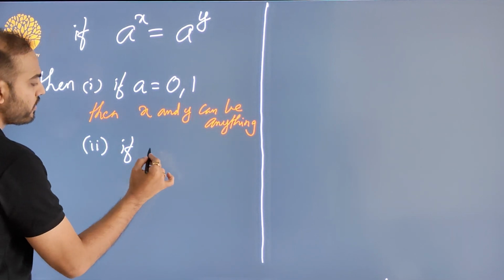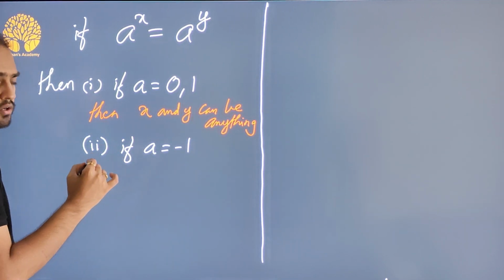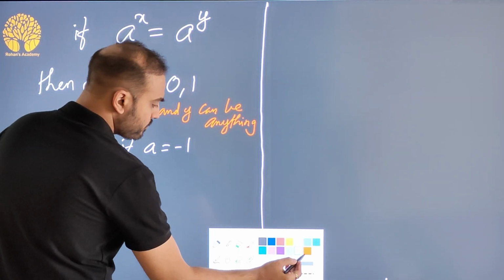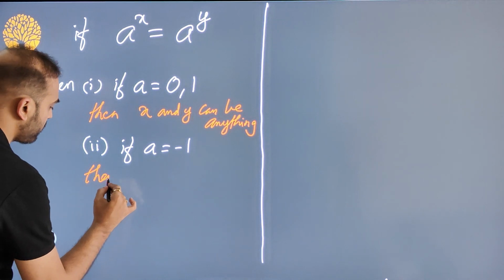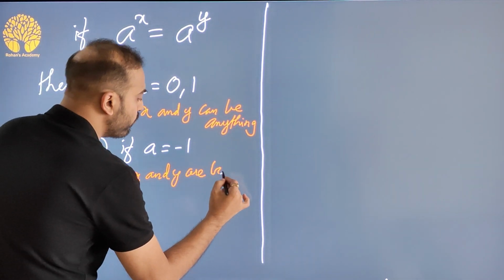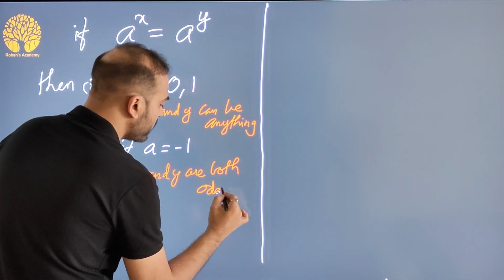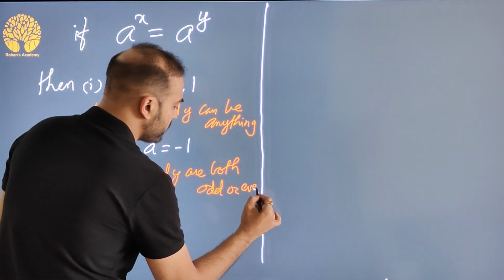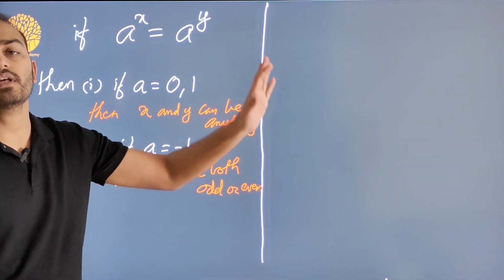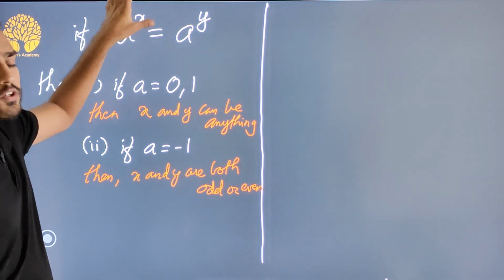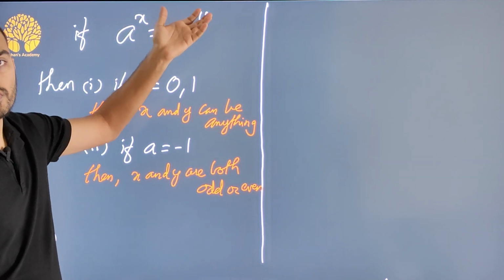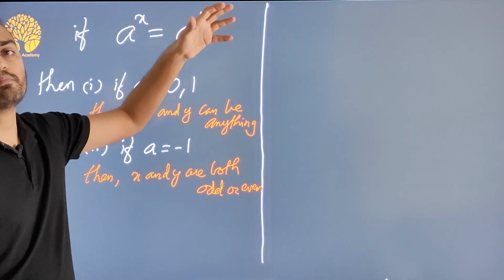Similarly, if a is minus 1, then x and y are either both odd or both even. Because minus 1 to the power odd is minus 1 only, minus 1 to the power even is plus 1.